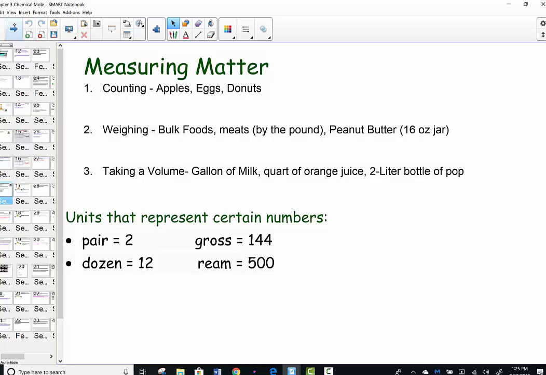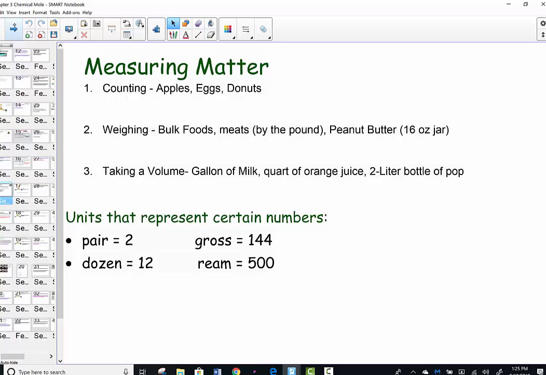Just as we have certain words that represent numbers. If I say the word pair, I have a pair of mittens, I have a pair of socks, you know that the word pair represents the number 2. If I have a dozen eggs, that word dozen represents a number, and that number is 12. A ream of paper, unless you stuff the copy machine regularly like I do, is 500 sheets.